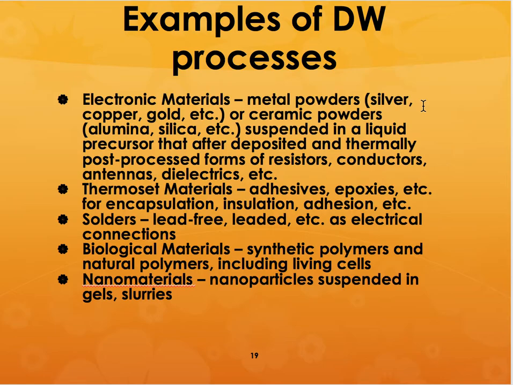So what are some of the examples? The examples are electronic materials, so you can put metal powders, ceramic powders, thermoset materials, solders, biological materials. For example, if you have cells, you can use it to direct write, and you're not going to be applying a whole lot of force on the cells, like in the case of the extrusion process.